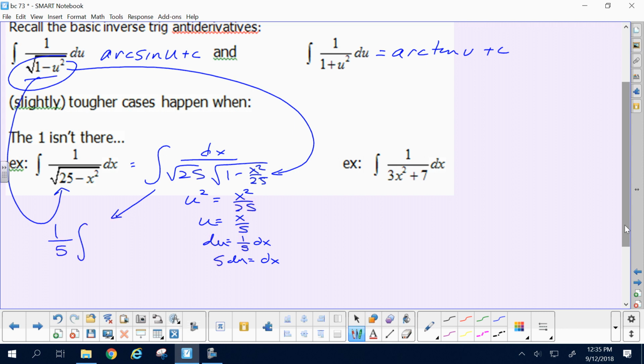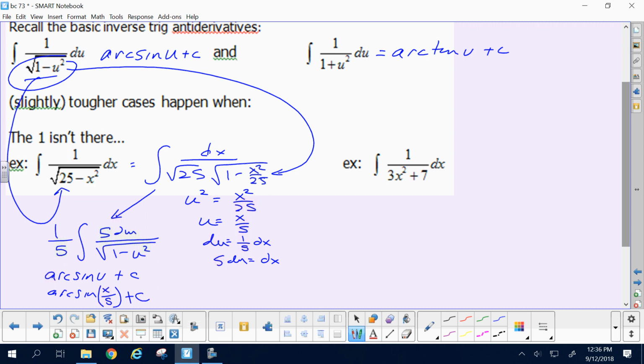Cool? Now, the dx becomes 5 du. The root becomes 1 minus u squared. After that, anti-differentiate, the 5's drop, and it's just arcsine of u plus c, which is arcsine of, what is u? x squared over 25 or x over 5? x over 5 plus c. So if you do not get the 1, make the 1.